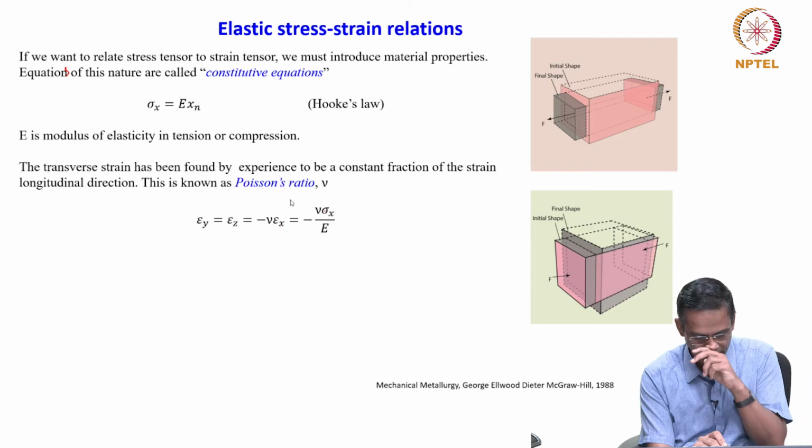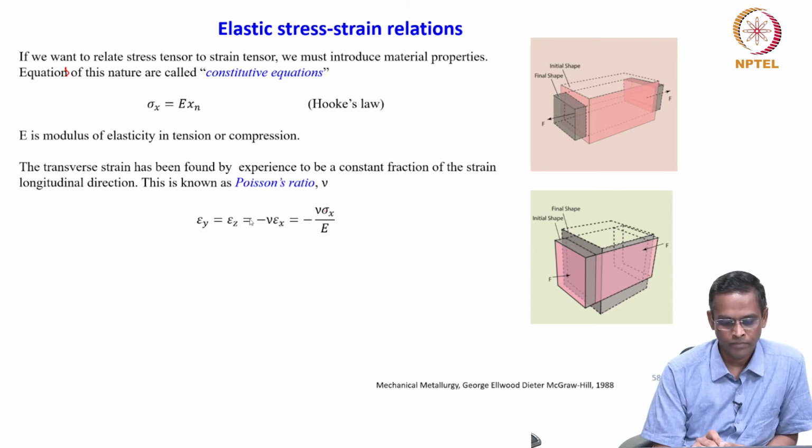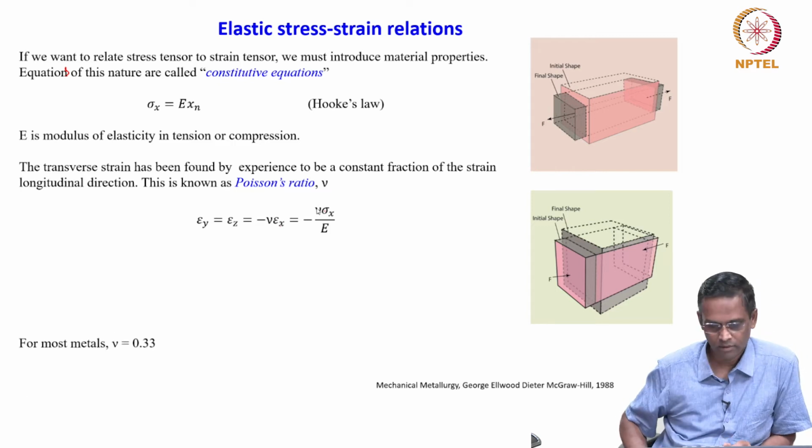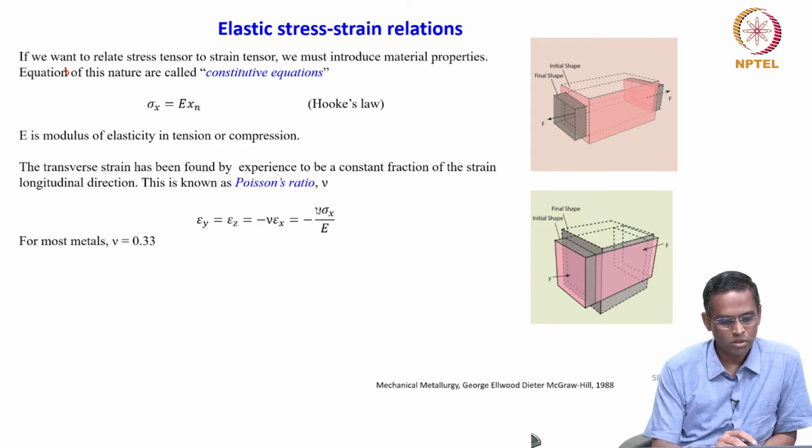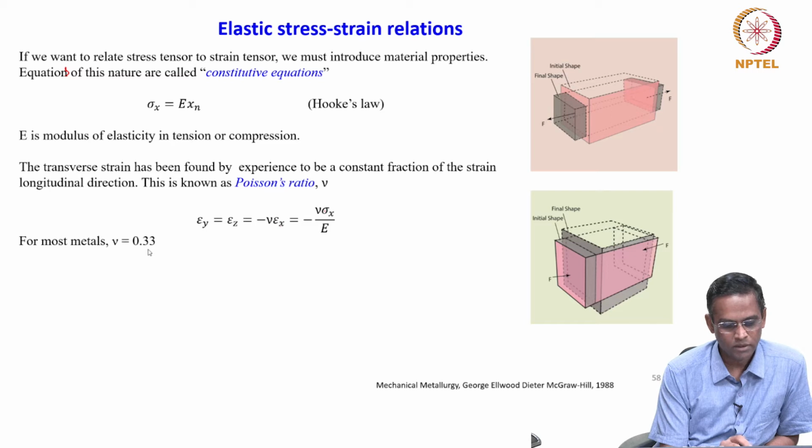First time we are writing a linear relation between strain and stress. For most metals, mu is 0.33.